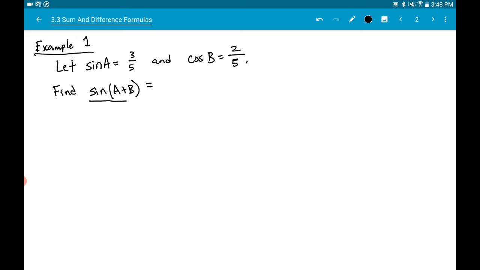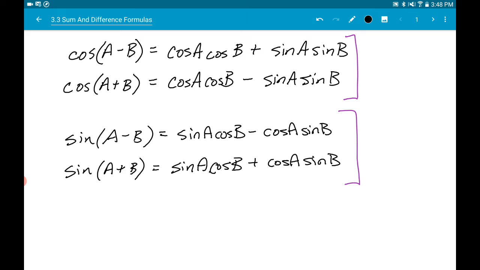So the first step is just to identify which formula we want to use. And so if we look back here, the sine of the sum of two angles is going to be represented with this. So I'm going to copy that down here.